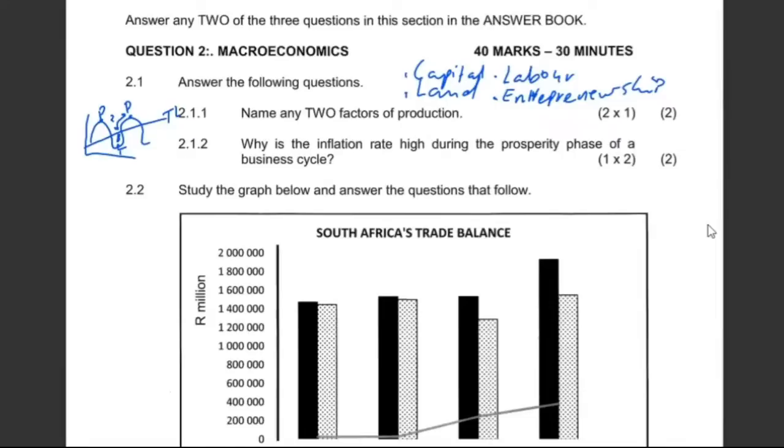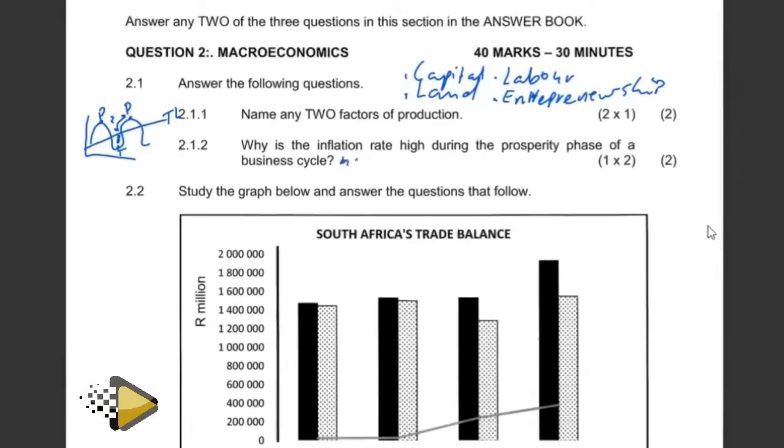Okay, right. So now the question wants to know, why is the inflation rate high during the prosperity phase of a business cycle? As we said, grade 12, this is because the market participants are doing fine. I told you, when we talk of the market participants, we are actually referring to the household, businesses or firms, the government, as well as the foreign sector.